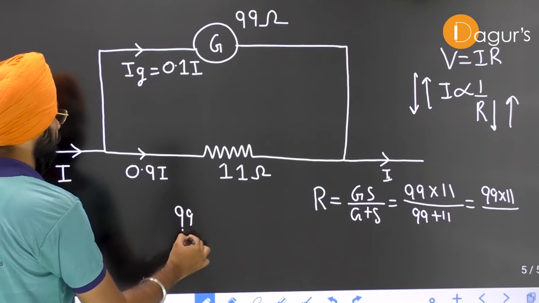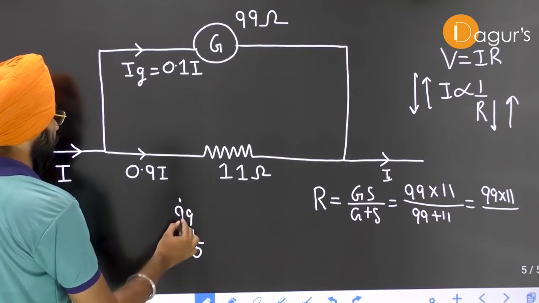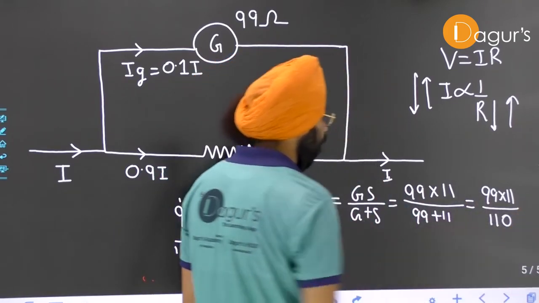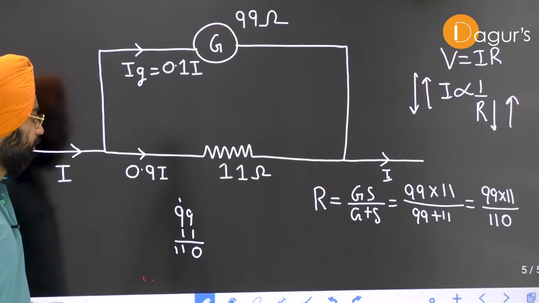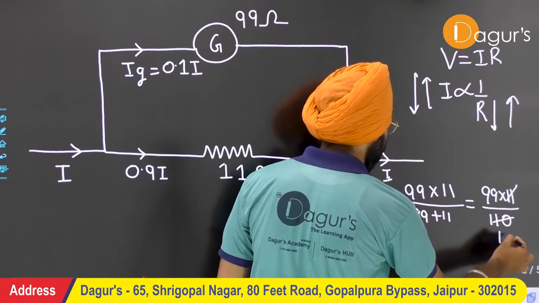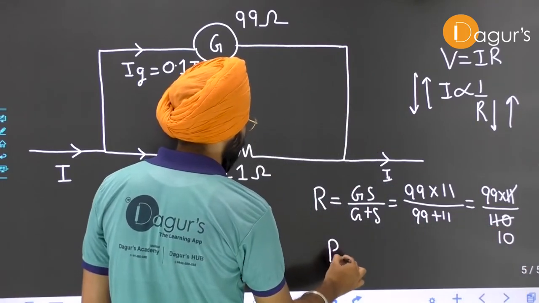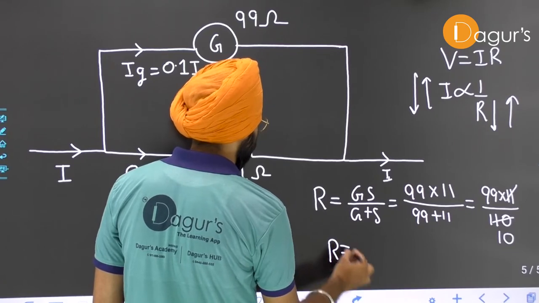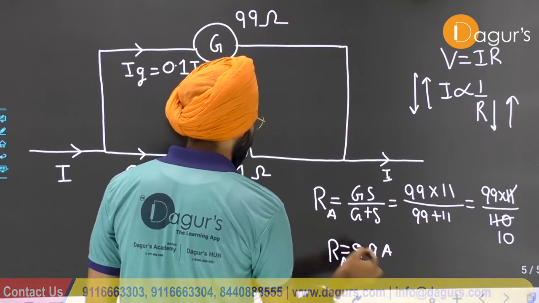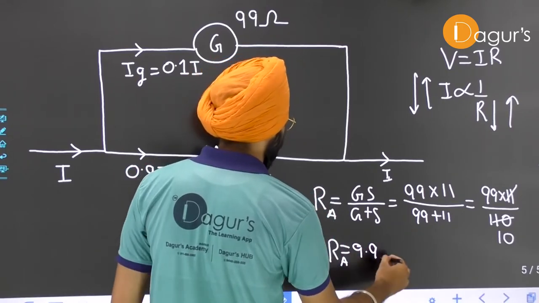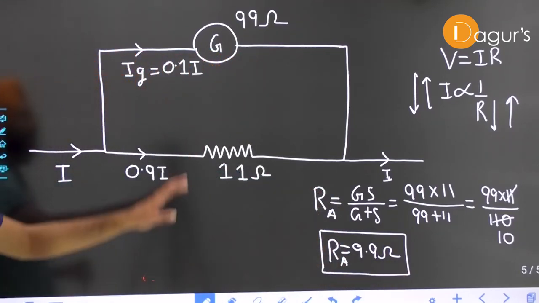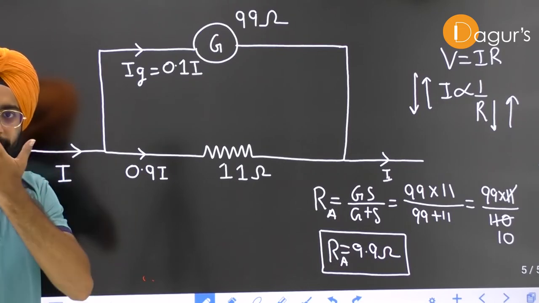This is 110. So, from 11 we can cancel 10, and the resistance of the ammeter comes out to be 9.9 ohm.